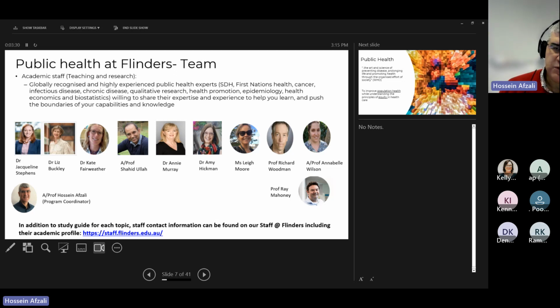And I think the most important point here is that these people all have a research background as well, which is really good because they can apply their research skills in their teaching practice. And actually, lots of them have some projects going now, whose findings can be shared with you as a practical example of teaching.